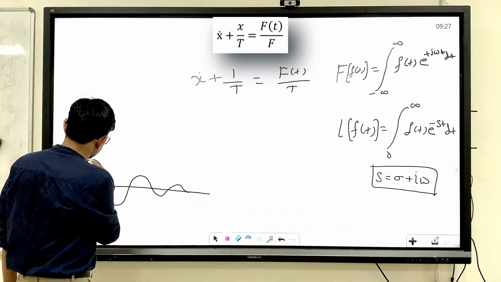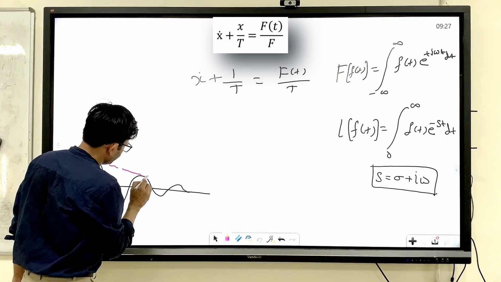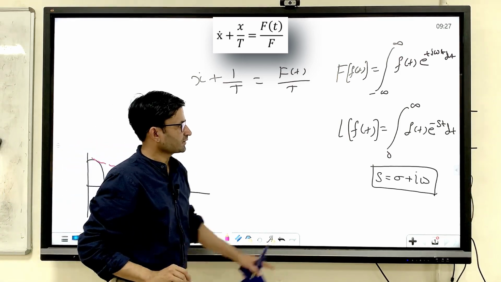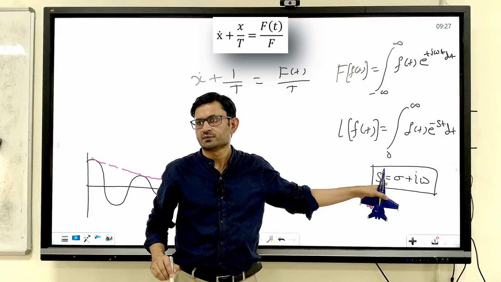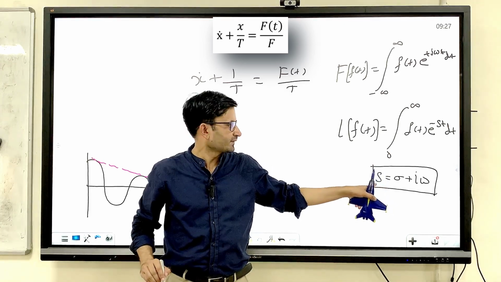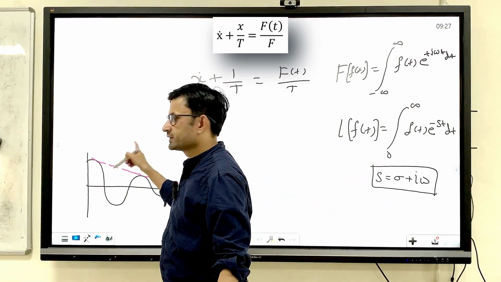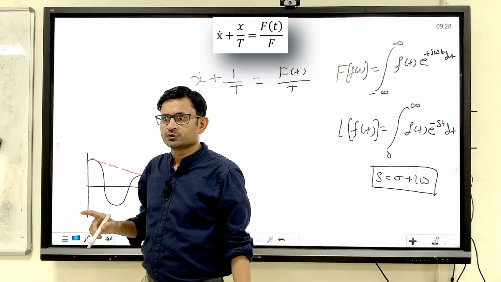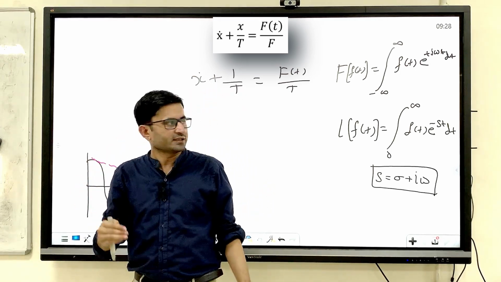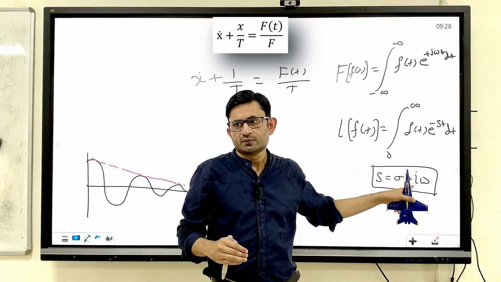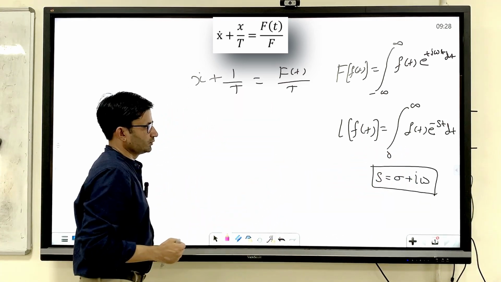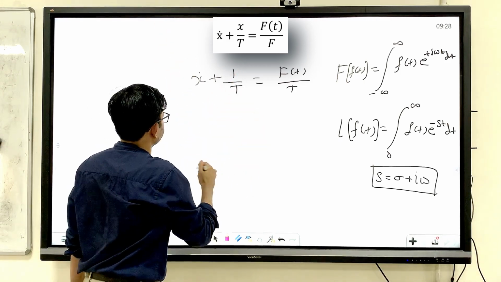Here you can see the exponential decay. That is because of the real negative part. If this is positive, then you will see divergence. So try to understand the significance of this. Go back to your mathematics class and try to revise this.